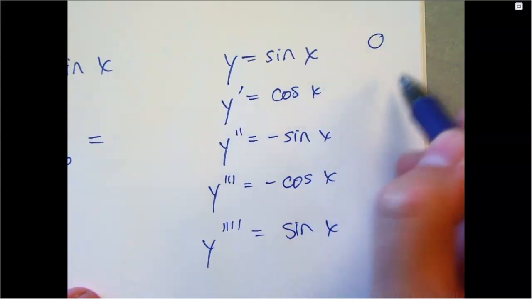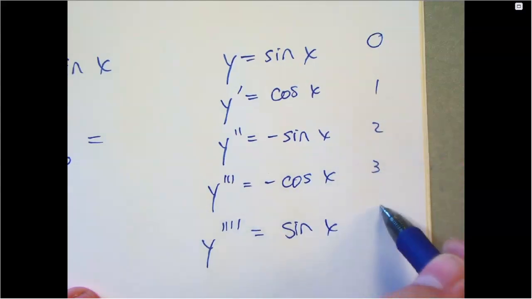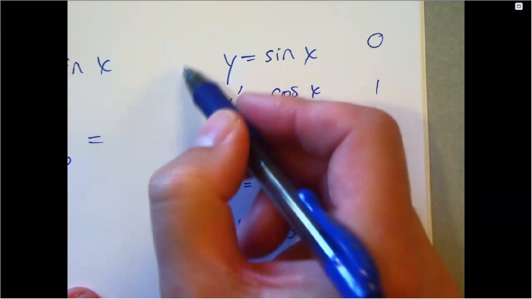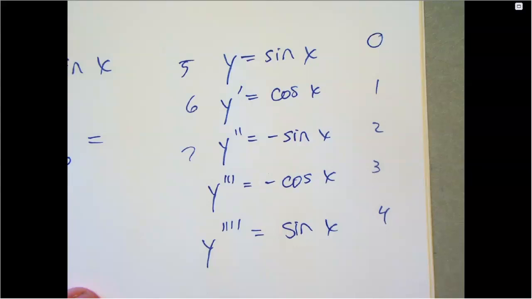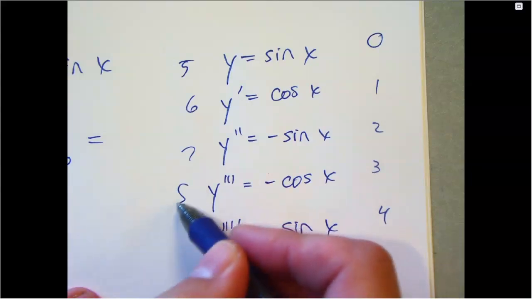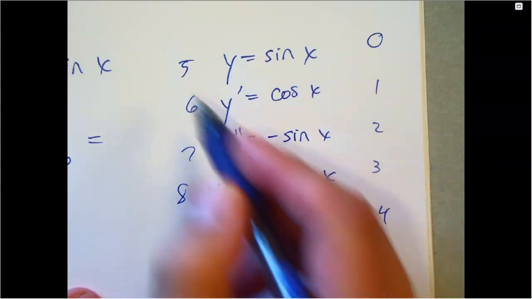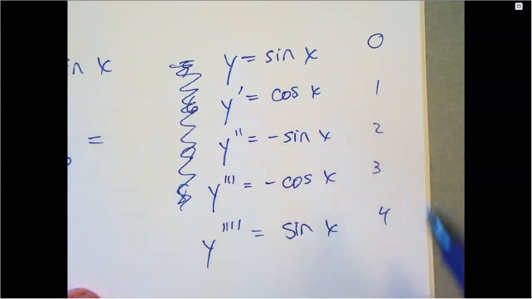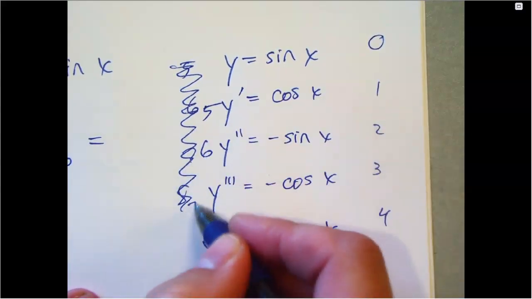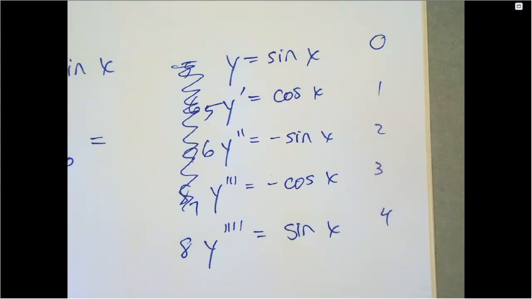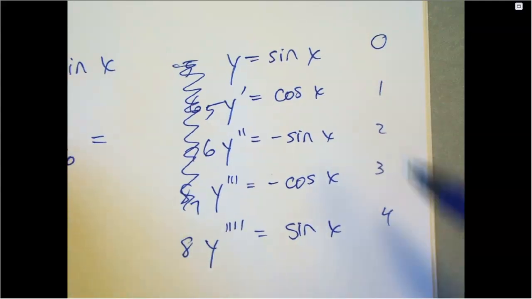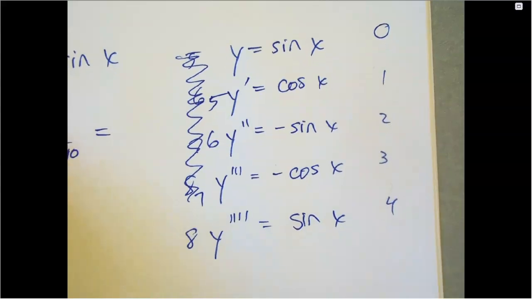So that's the 0th derivative, first, second, third, fourth. So then it'd be the 5th, 6th, 7th, 8th. So which one's the 40th? Sine of x. You would just do this like 10 more times. Is that okay? Okay.